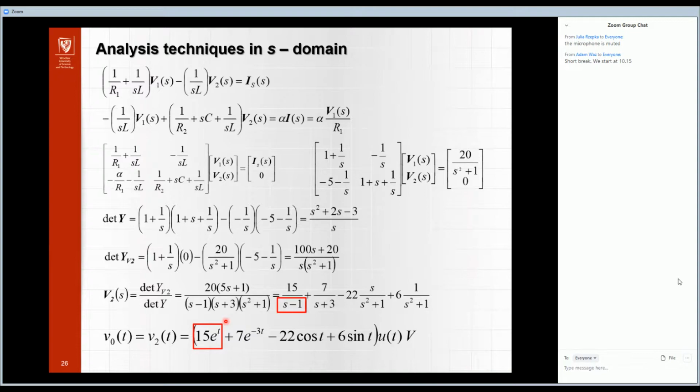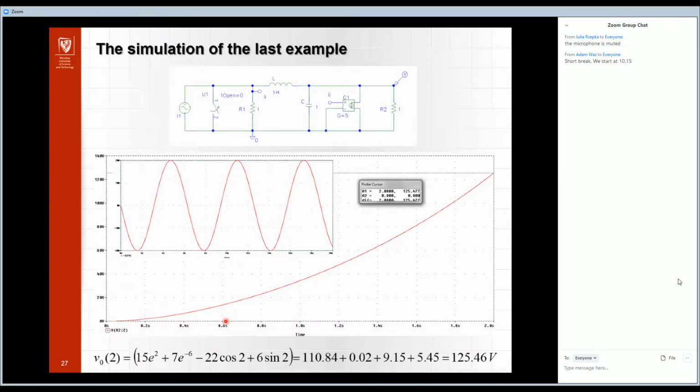Okay, and so I show you the simulation of this case. Here we have the current source, so we know the amplitude, about 20 amperes, and this is the voltage at the output.